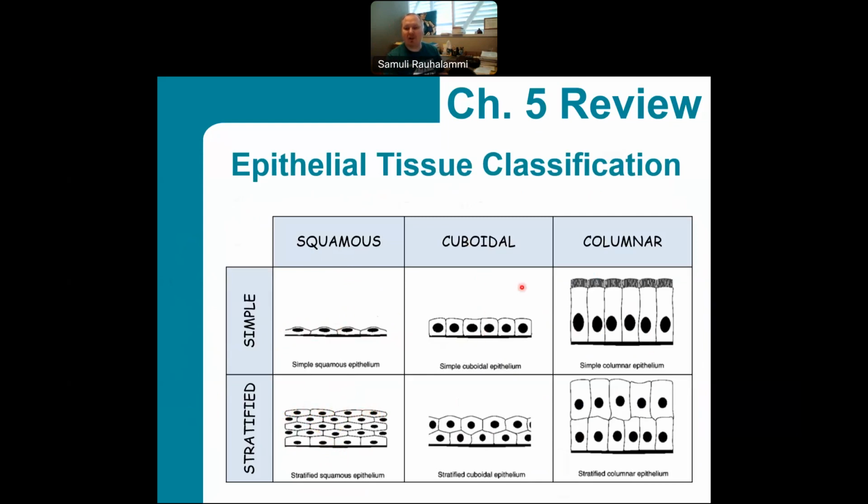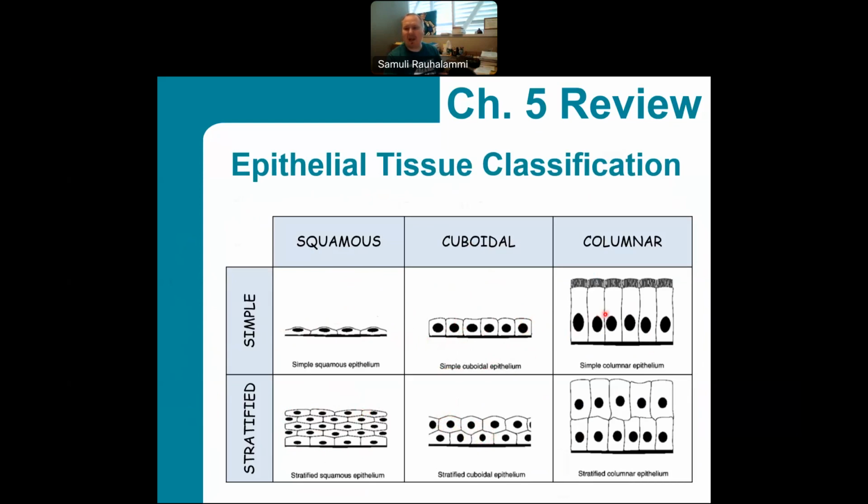In addition, in terms of the cell shape classification, we also have cuboidal epithelial cells. These are cube or dice-shaped cells. So again, we're seeing simple cuboidal epithelium, one layer of these cube-shaped cells, or stratified cuboidal epithelia, where we would see multiple layers, and the cells at the outer free layer are going to be shaped as cubes.